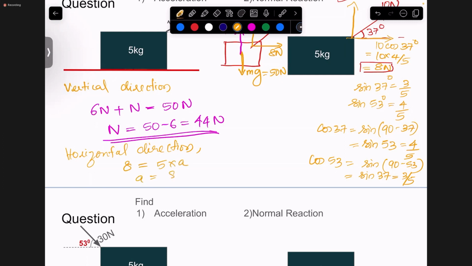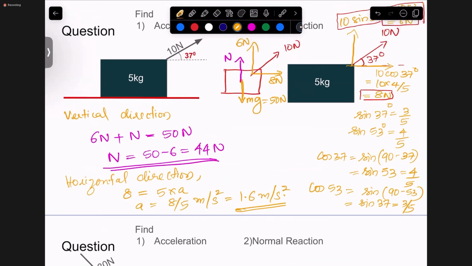Acceleration is equal to 8 by 5 meter per second square, which is equal to 1.6 meter per second square. So this is how you find it. I hope you understood how to resolve the vectors, which is really important.